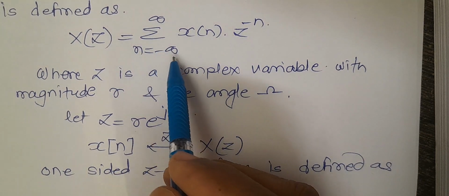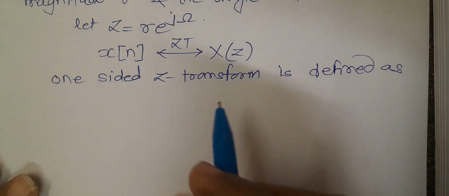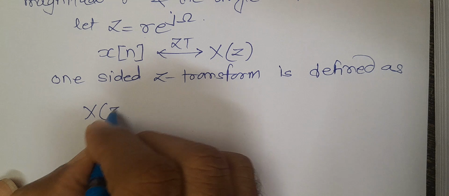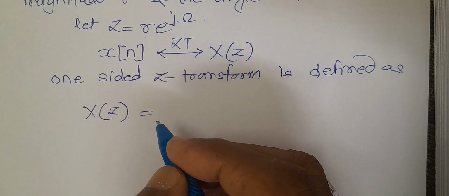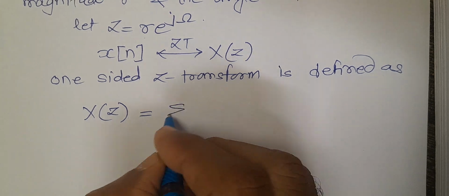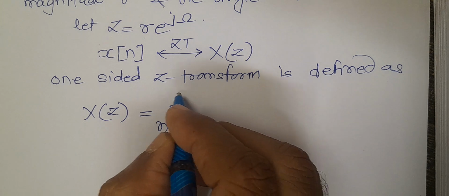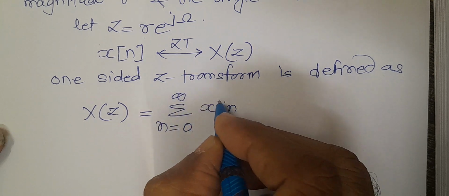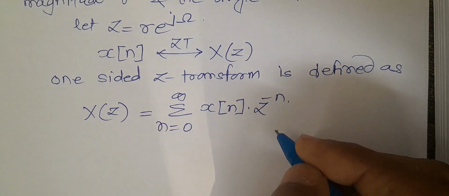This is a two-sided Z transform. One-sided Z transform is defined as x of z is equal to summation over n equal to 0 to infinity x of n into z raised to power minus n.